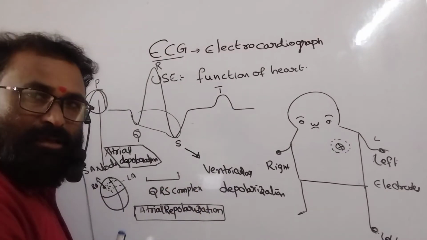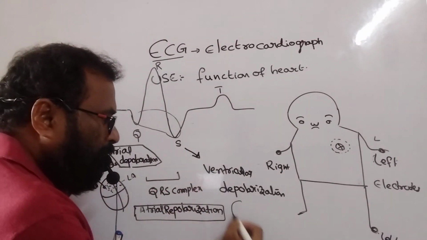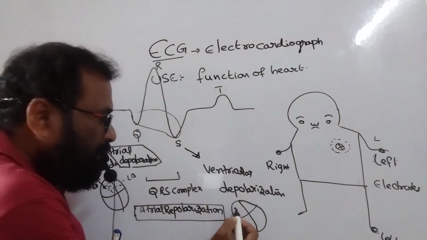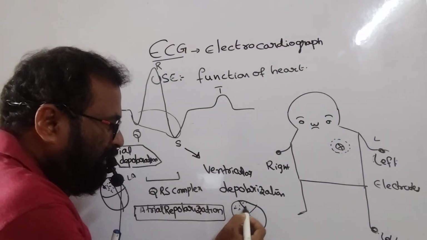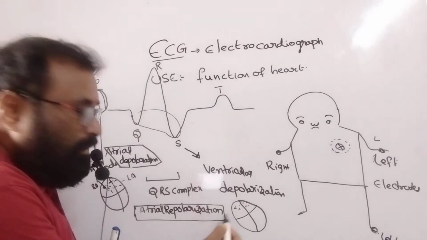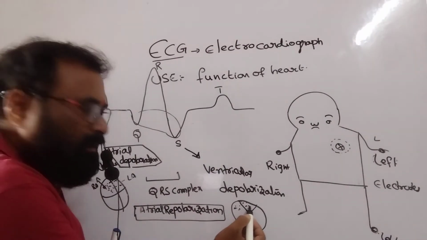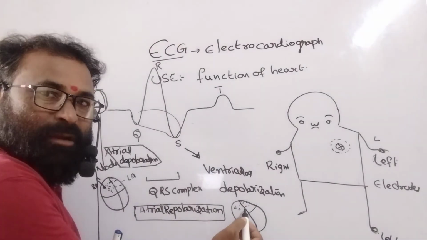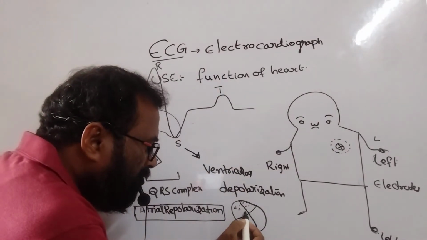When action potentials are generated by the SA node, they spread to the respective atria. The right atrium gets depolarized, then the left atrium gets depolarized, so the entire atria get depolarized. There is an AV node.